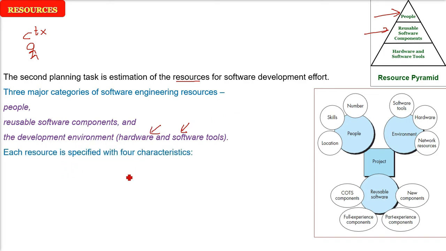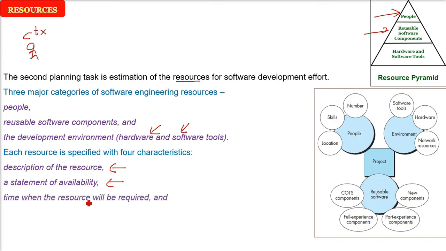So each resource is specified with 4 characteristics. First, what is the description of the resource? Even people, hardware, components. The statement of availability: when the component will be available, when we are going to hire people for this work. Then the time when the resources will be required, and the duration of time that the resources will be applied.